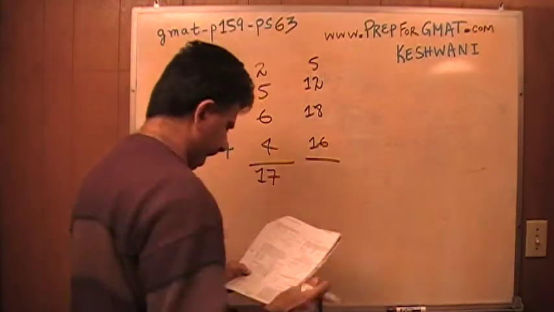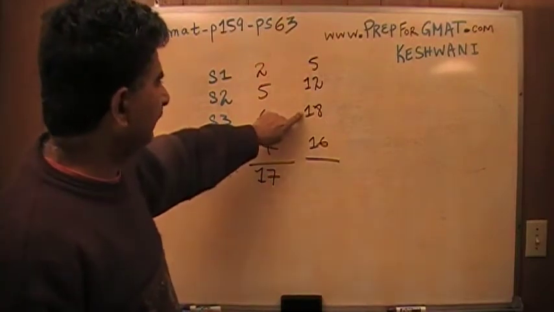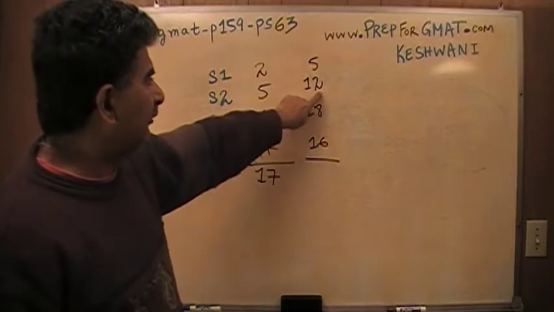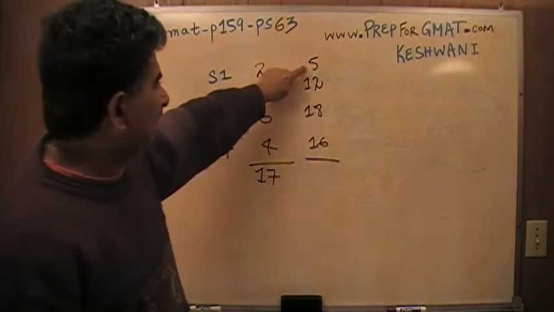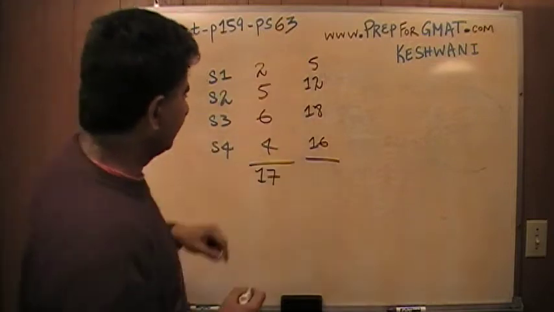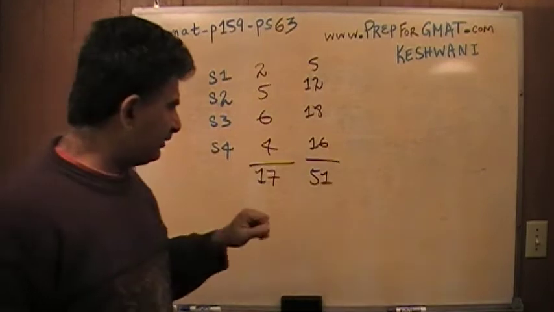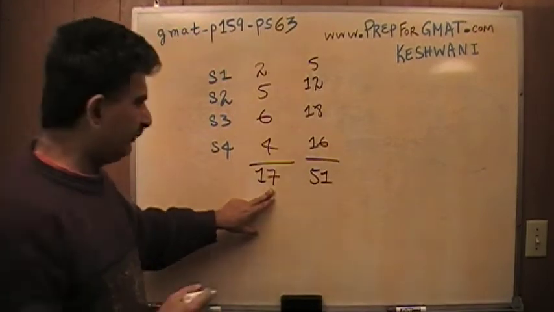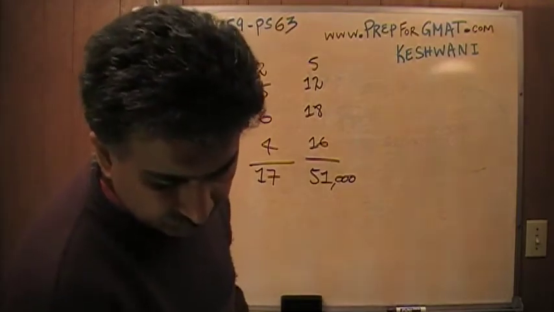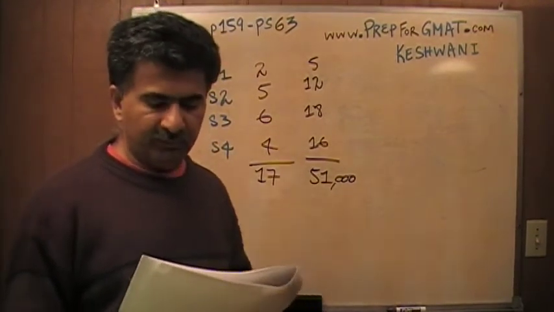Let's see what that is. 16 plus 16 is 32, plus 2 is 34. 34 plus 10 is 44. 44 plus 2 is 46. 46 plus 5, 45 plus 5 is 50, so it's going to be 51. Which means we had 17 defective chips out of 51,000 that were shipped out, and we are told to assume the same ratio will apply in the new shipment of 60,000 chips.